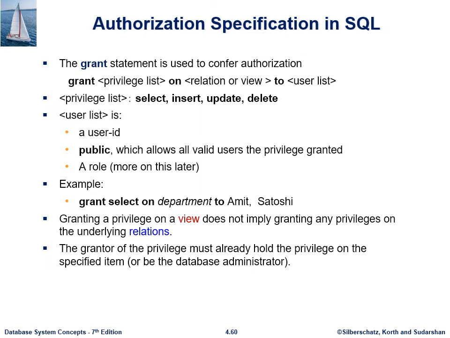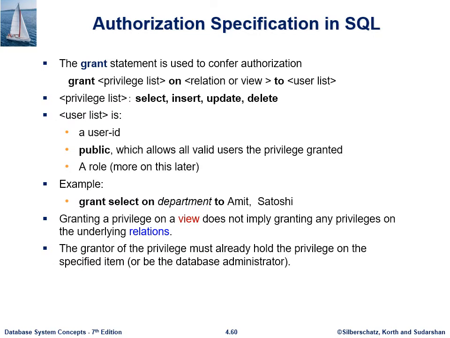Then to user list, to some people or some group of people. The user list can be a single user ID or a list of user IDs, or just public, meaning all current or future users, or a role, which will be mentioned later.